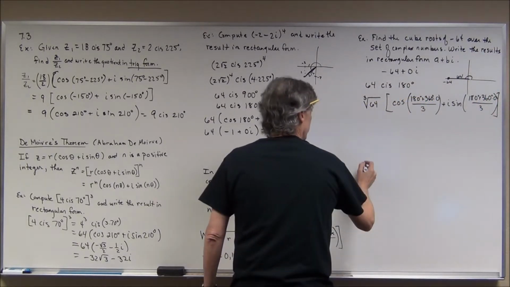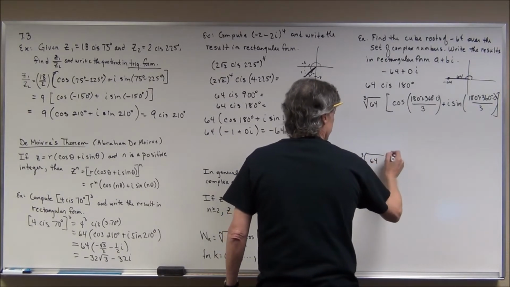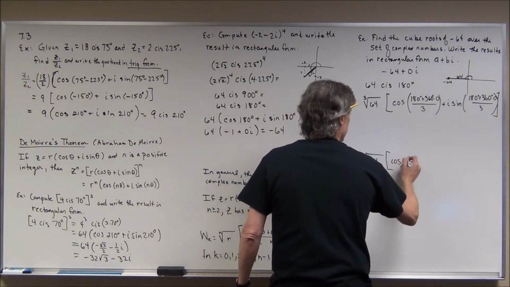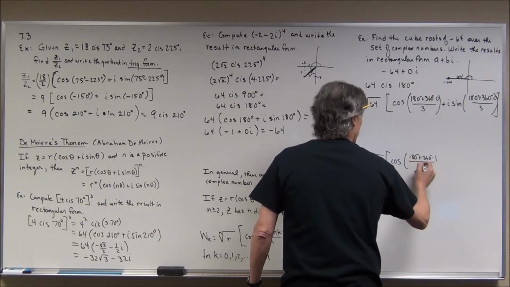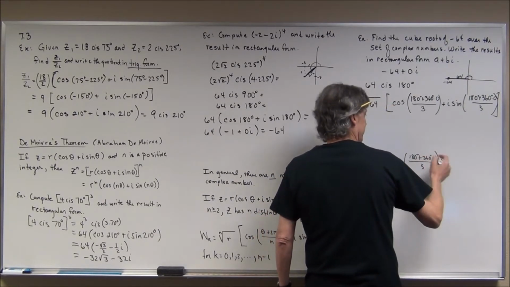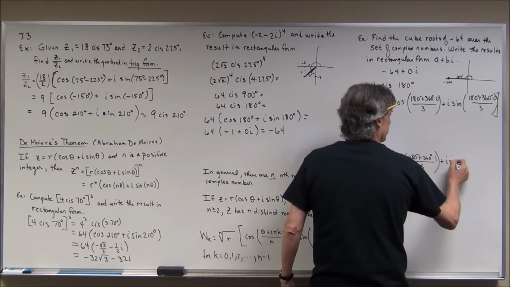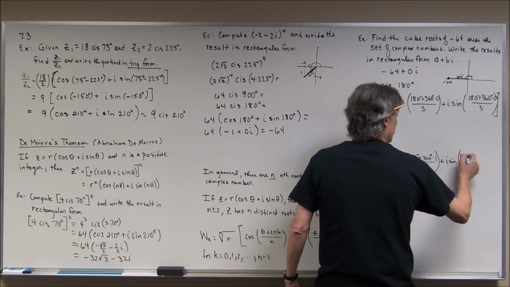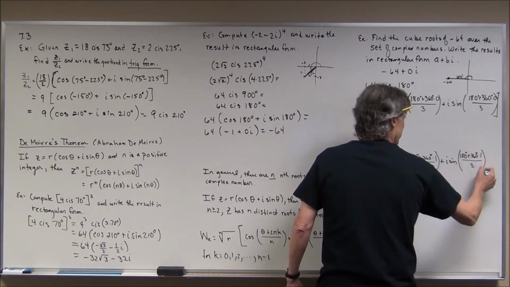There's one. Here's the next one. Cosine of (180 plus 360 degrees times 1 all over 3). Now I know you don't have to multiply it by 1 and write that in there, but I'm just going to emphasize it. Plus i sine of 180 plus 360 degrees times 1 all over 3.